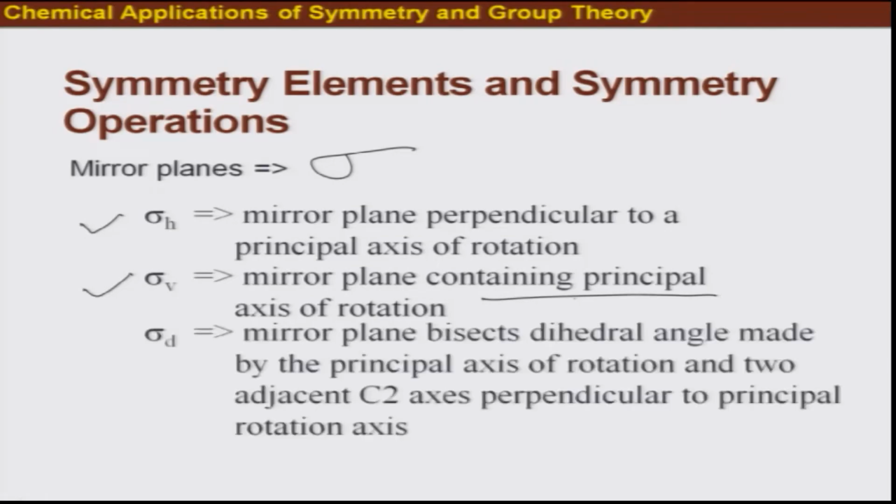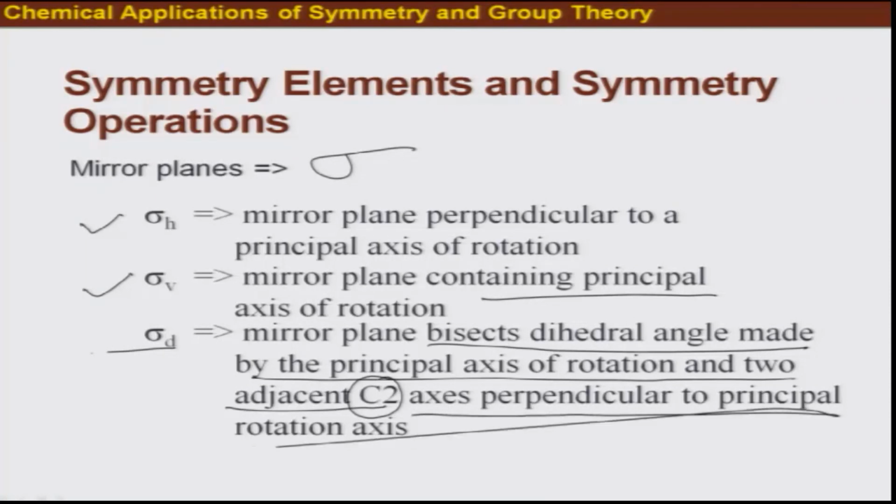There is another type of mirror plane which is known as sigma d. Sigma d is a mirror plane that bisects the dihedral angle made by the principal axis of rotation and two adjacent C2 axes. Here one note is that this 2 is actually a subscript. So this mirror plane bisects the dihedral angle made by the principal axis of rotation and two adjacent C2 axes which are perpendicular to the principal rotation axis.